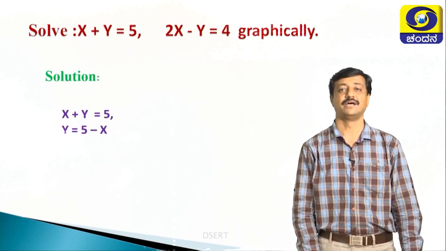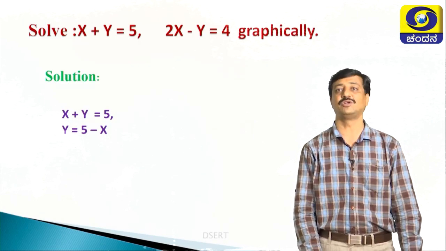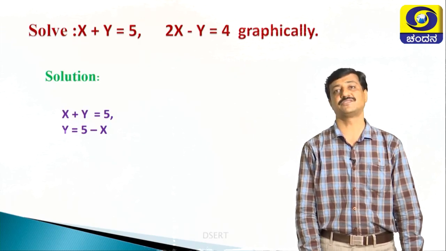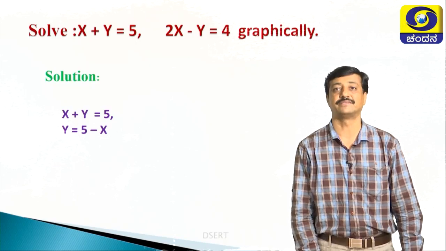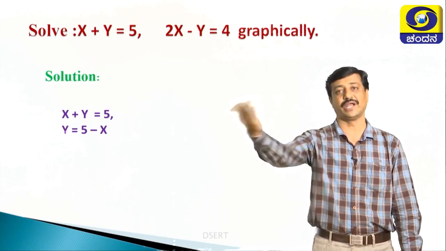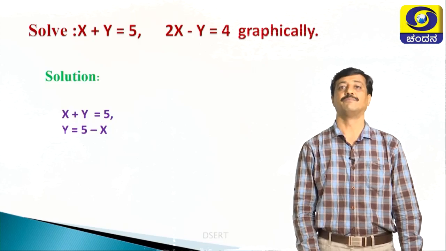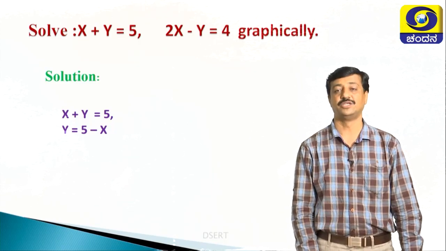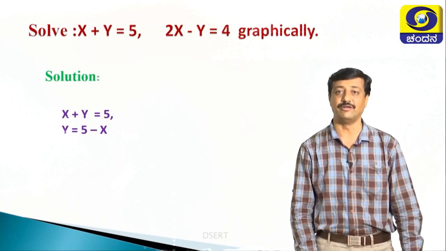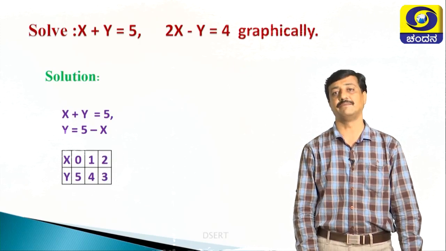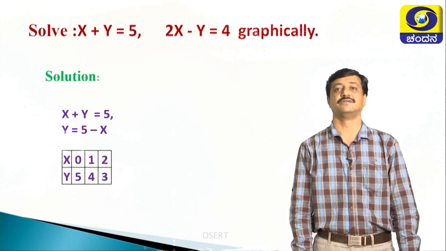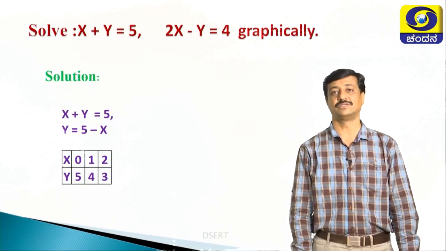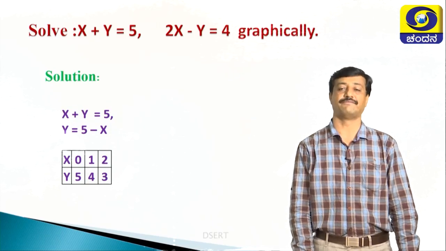In the first equation, x plus y equal to 5 can be expressed as y equal to 5 minus x by transposing x to the right side. Now, by giving the values of x to the equation, we are going to get the values of y, and finally we get the table like this. x values 0, 1, 2; you will get the y values 5, 4, 3.